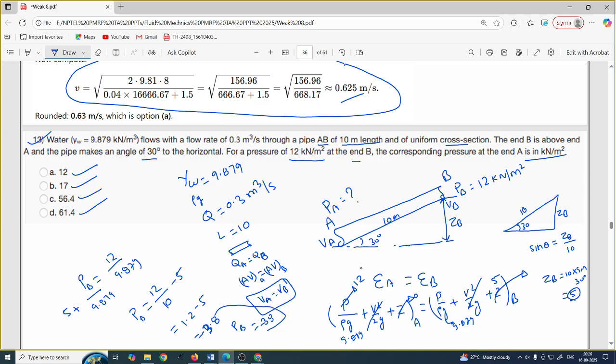Somewhere we are making a mistake. Let us see where. But this is the process, and this is how you will proceed.